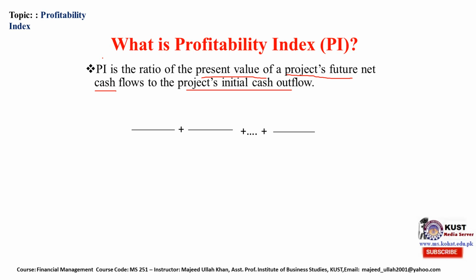Means PI, or profitability index, is a ratio between the present value of all cash flow, PV of all cash flow, to the initial cash outflow, ICO. This ratio is called profitability index, PI.